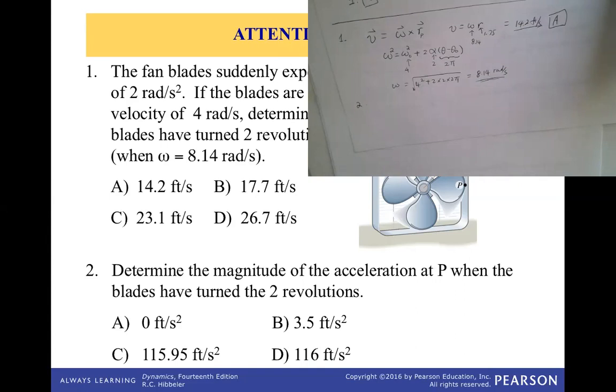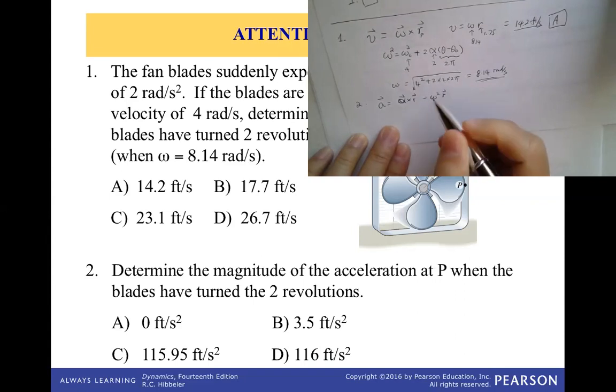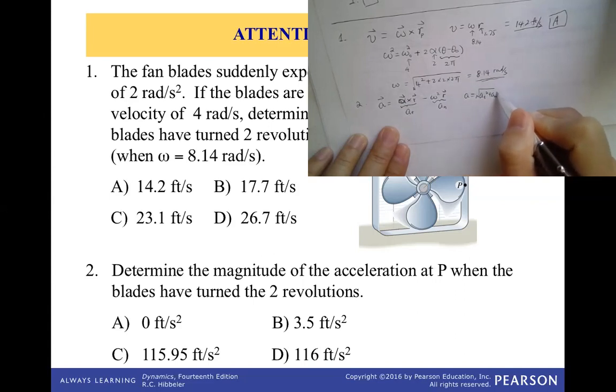But now we will be looking at, because oscillation should be equal to alpha cross R minus omega square R, okay? So there are 2 components, AT, the tangential component, and AN, the normal component, okay? So you're looking for magnitude again, so you'll be looking at A equal to the square root of AT square plus AN square, okay?